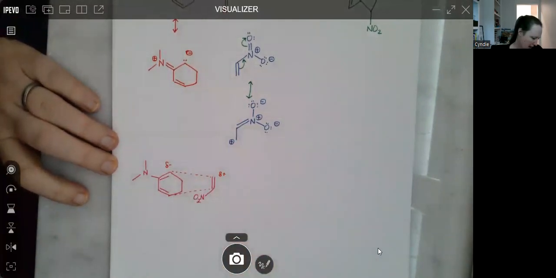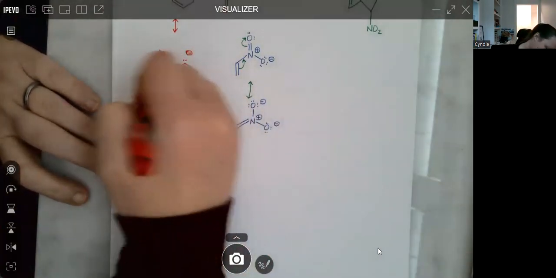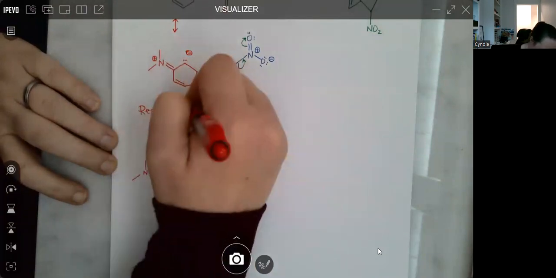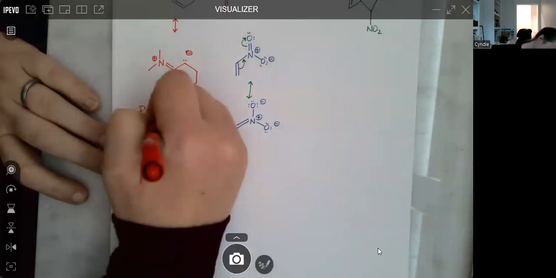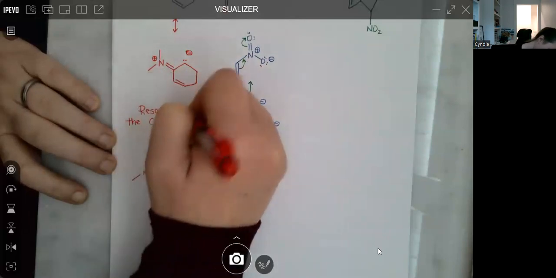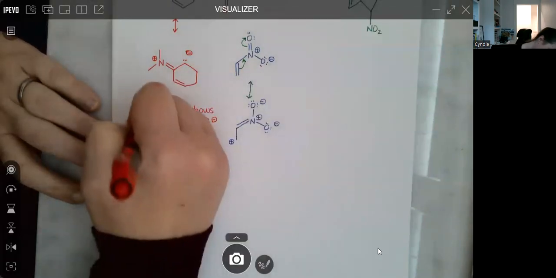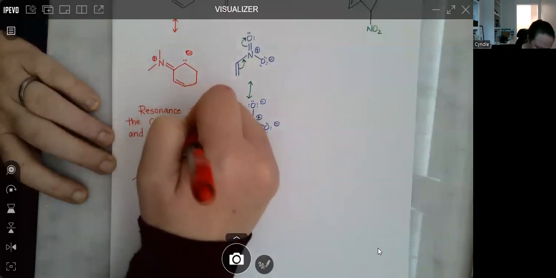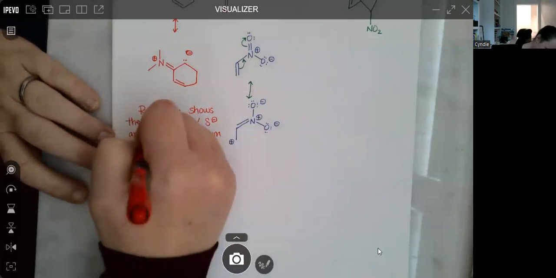Right, so our resonance shows the carbons with delta minus and delta plus, which form an electrostatic attraction.